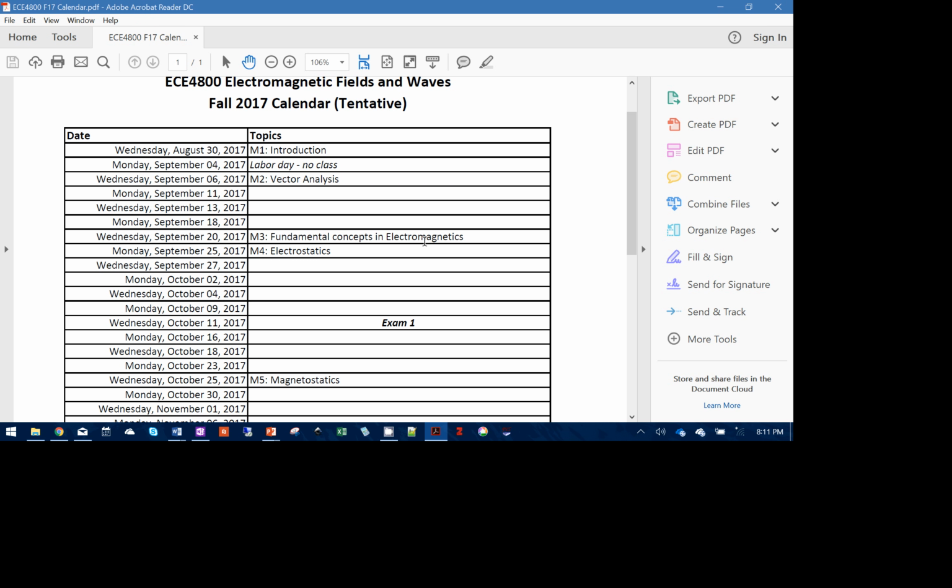We'll talk about things like electrostatic fields and electromagnetic work. If you take two charges that are of the same charge, two positive charges, they repel each other, right?